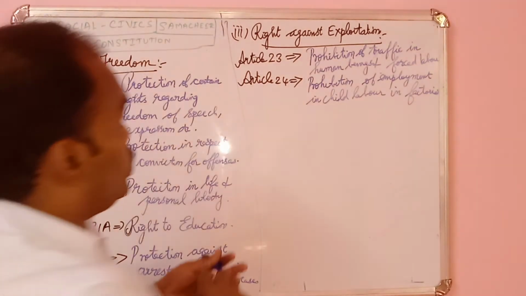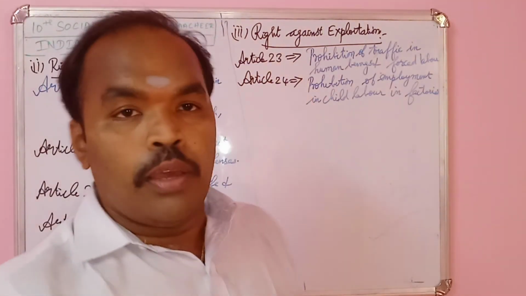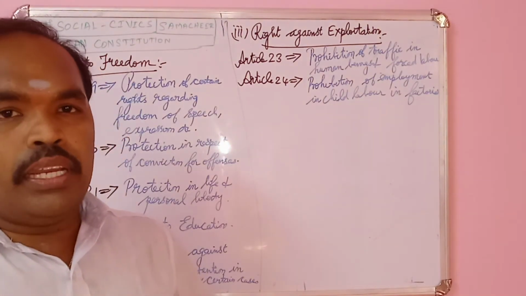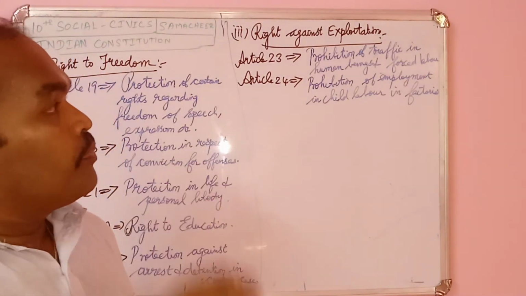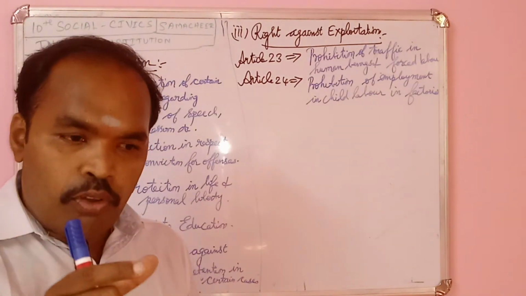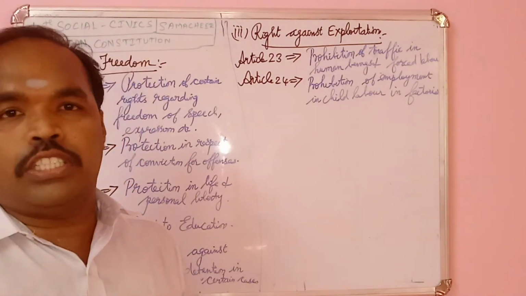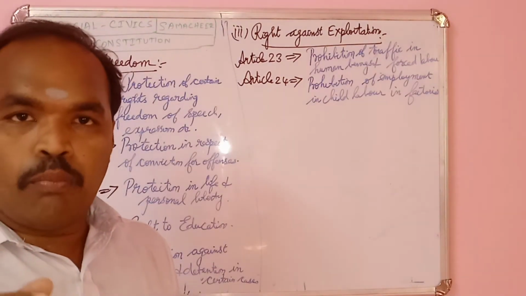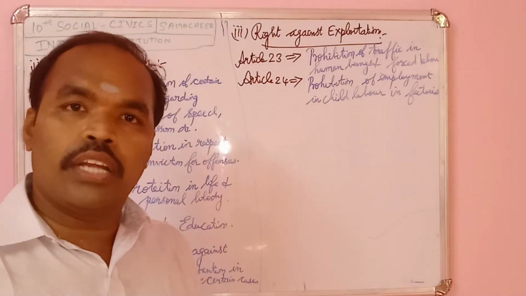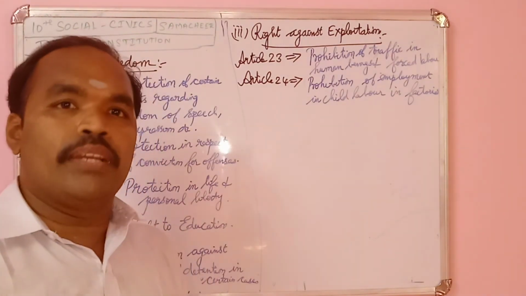Right against exploitation: Article 23, prohibition of traffic in human beings and forced labor. Mainly in this, forced labor means that for laborers only 8 hours is the duty. If they say you need to work nearly 12 or 13 hours today, that is prohibited.